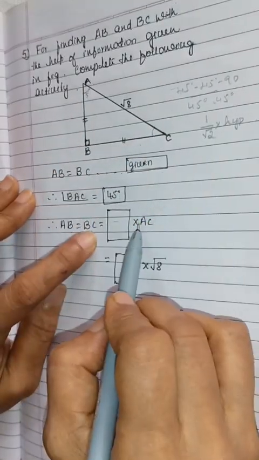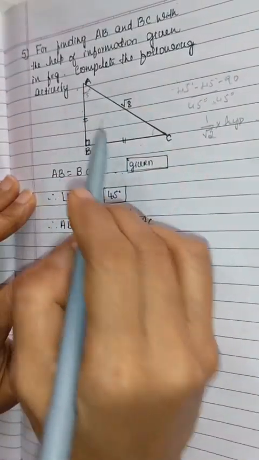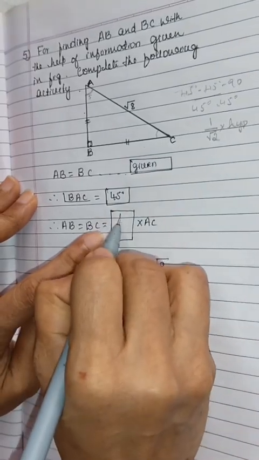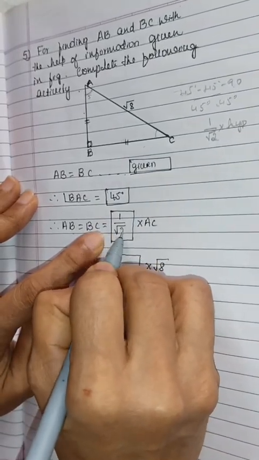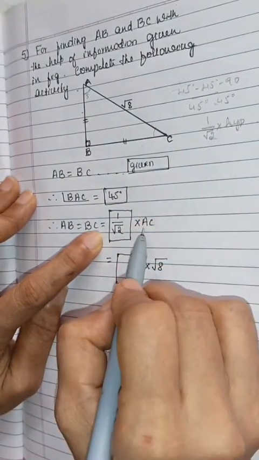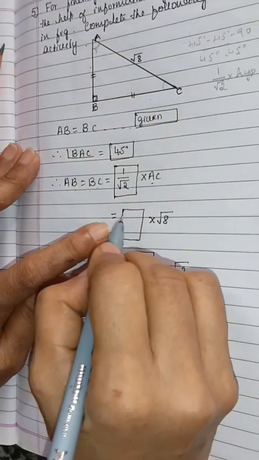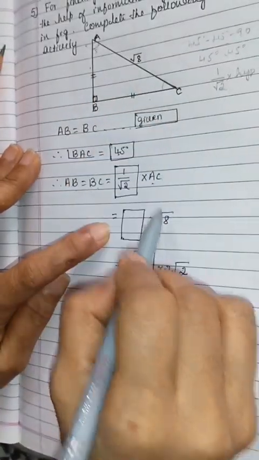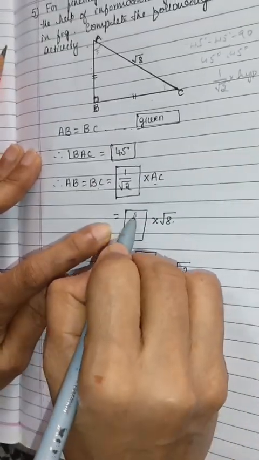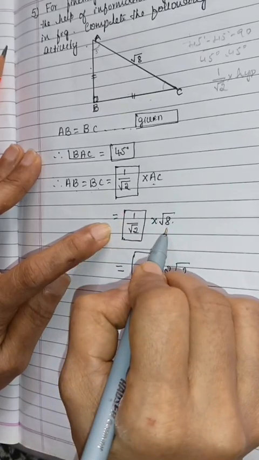AB equal to BC, that formula is 1 by root 2 times its hypotenuse, AC. Then here AC is root 8, given. So this is 1 by root 2 into root 8.